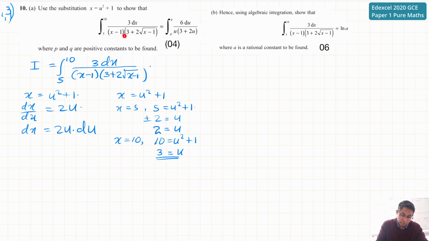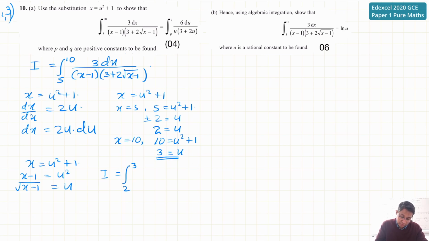Now you have to convert this function of x as a function of u. x equal to u square plus 1. Therefore, we can write x minus 1 as u square. If you take the square root of both sides, you can take square root of x minus 1 equal to u. Therefore, you can write integral I equal to 2 to 3.